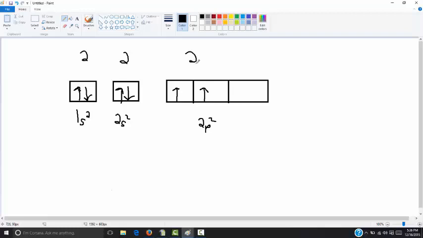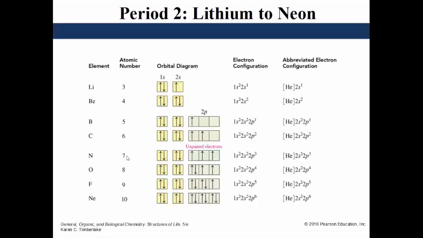So that's how we get to our 6 electrons for carbon. That, what I just drew by hand, is the same thing as this, just nowhere near as neat. 1s2, 2s2, 2p2, because there's only 2 here.